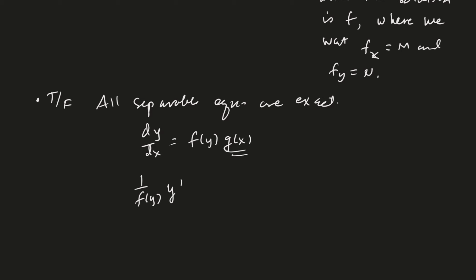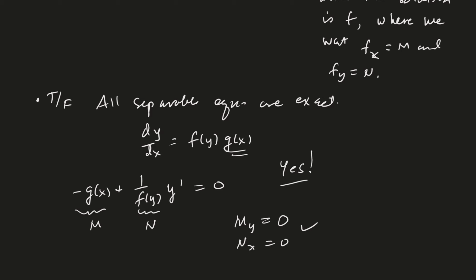Let's bring the g of x over to the other side: minus g of x equals 0. So this would be our M, this would be our N. What is M sub y? It's 0. What is N sub x? It's 0. Yes, it is exact. So all separable equations are exact.